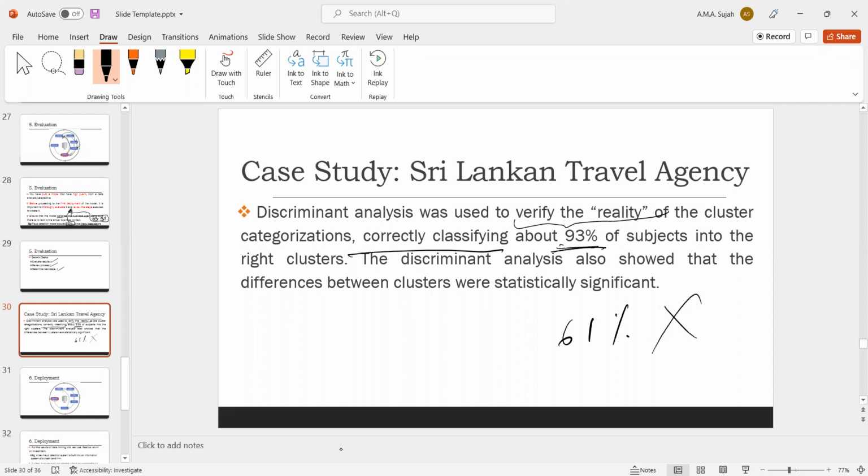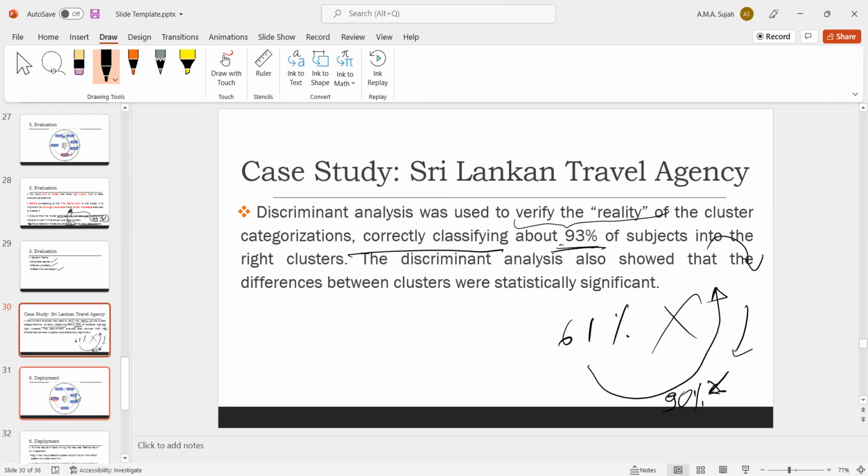It's not satisfactory. So they go again from the beginning, from business understanding, and move step by step. Again they develop the model and try to improve the accuracy to around 90 percent. That is the way they do it. In this case study, they are evaluating whether this clustering is efficient or not.